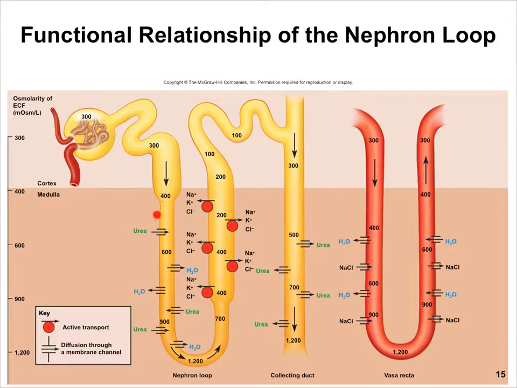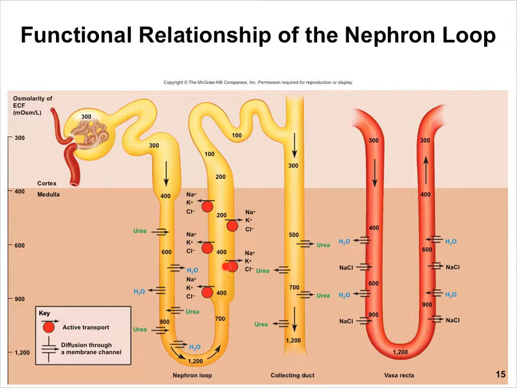As you go down the loop of Henle, the osmolarity of the filtrate increases dramatically. It becomes more concentrated, going from 300 to 400 to 600 to 900 to 1200 down here at the bottom. As you go down the loop of Henle, you are losing water, and urea is actually getting pumped in.